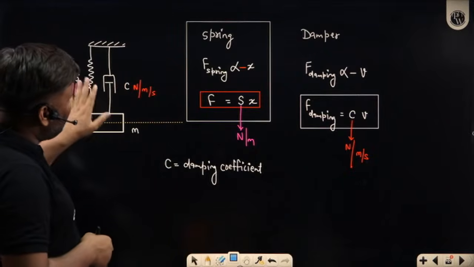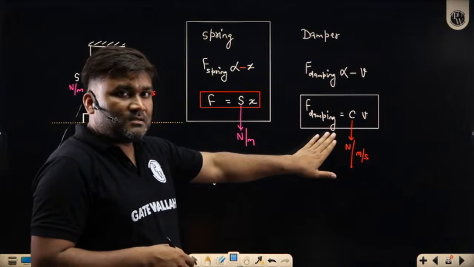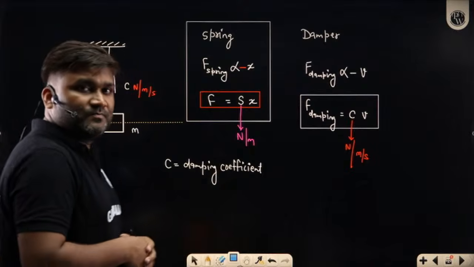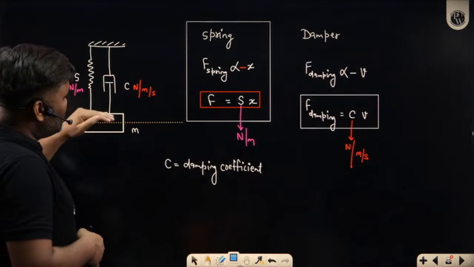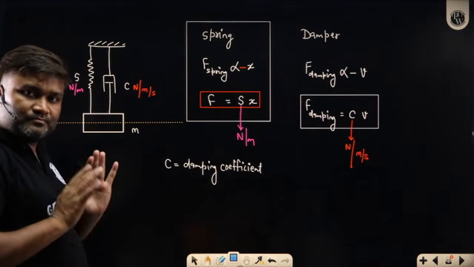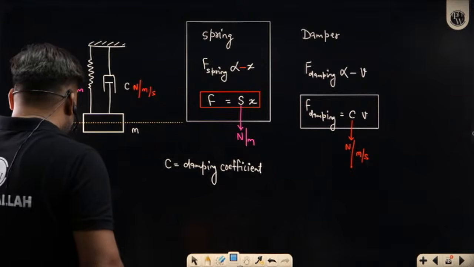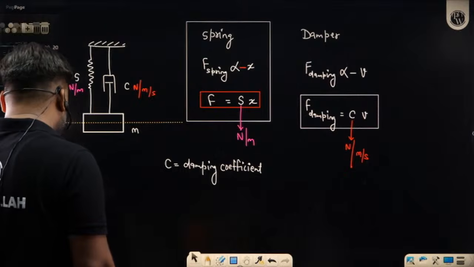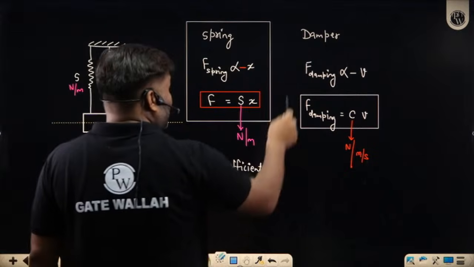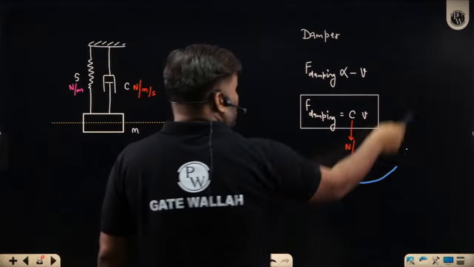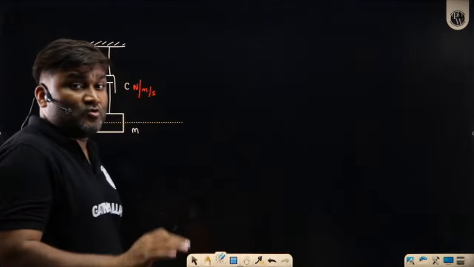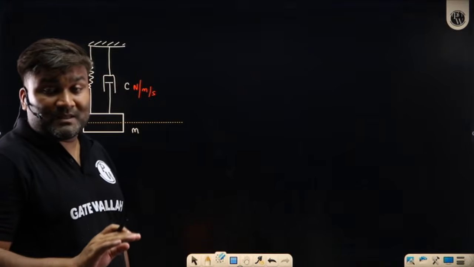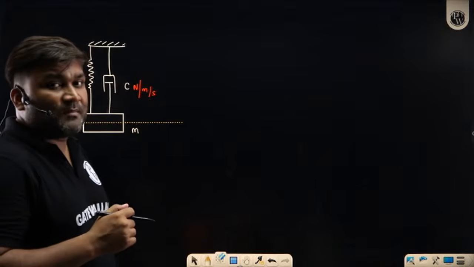So how does the damper force work? The work of the damper is to resist the velocity. The spring resists the displacement. Clear? Now forget about all other methods. We had the Rayleigh method, but we cannot use it because it was only for natural vibration. We had the energy method, but we cannot use that either because it was also only for natural vibration.